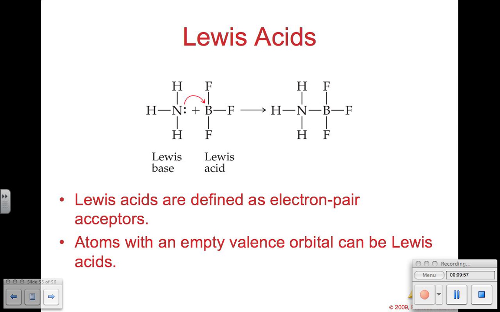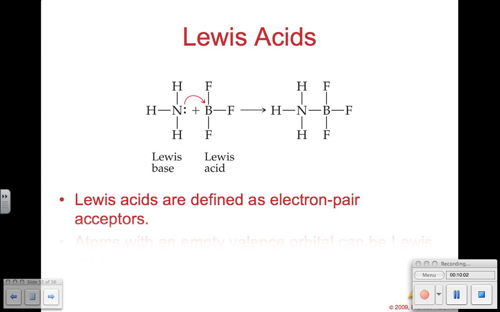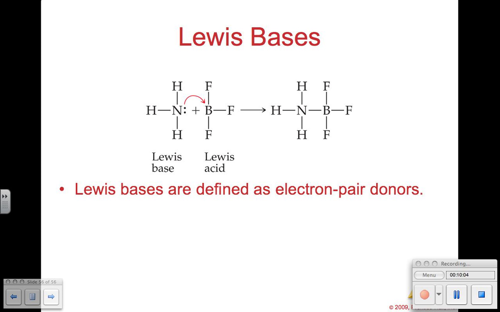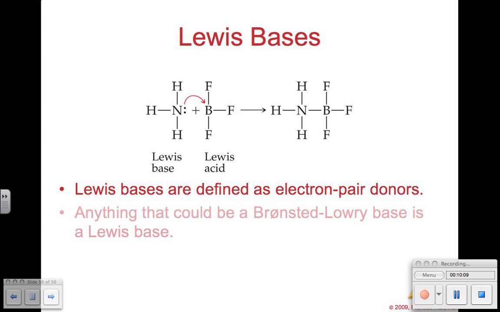The boron trifluoride here has an empty valence orbital, and so therefore it's classified as a Lewis acid. And the ammonia is a Lewis base because it has a lone pair of electrons that can be donated. Anything that could be a Bronsted-Lowry base is a Lewis base as well.